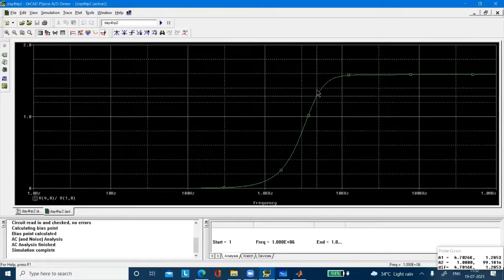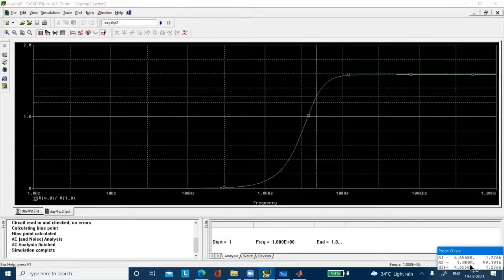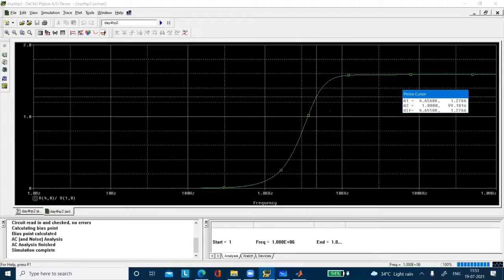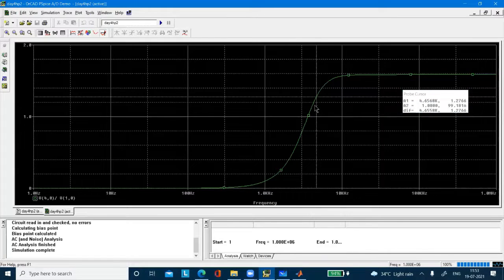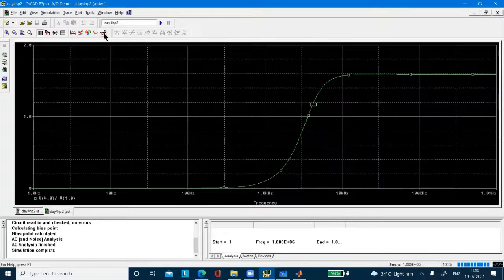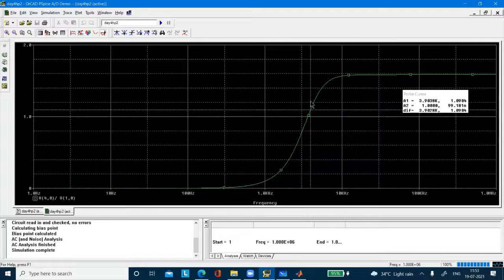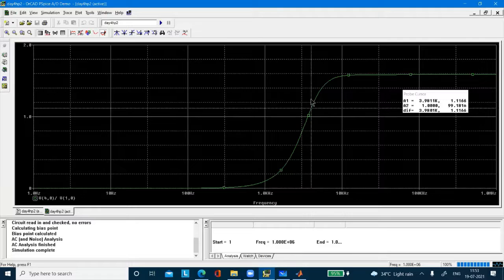You can get it from here. Look at this probe cursor, select the 4 and move it. A1 is 3.79, now move A1, it becomes 4.05. So this is the cutoff frequency.